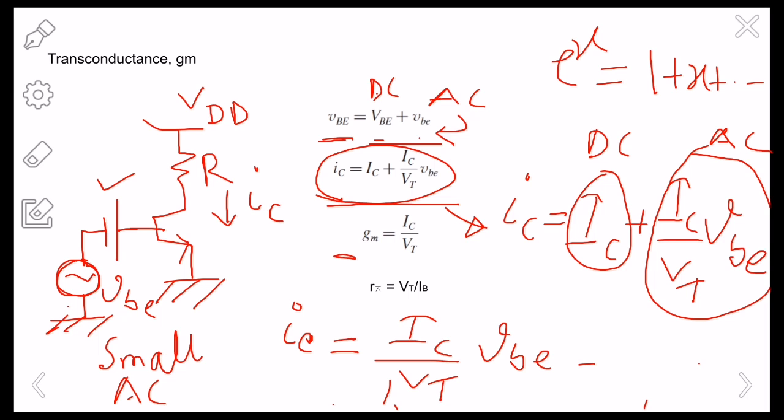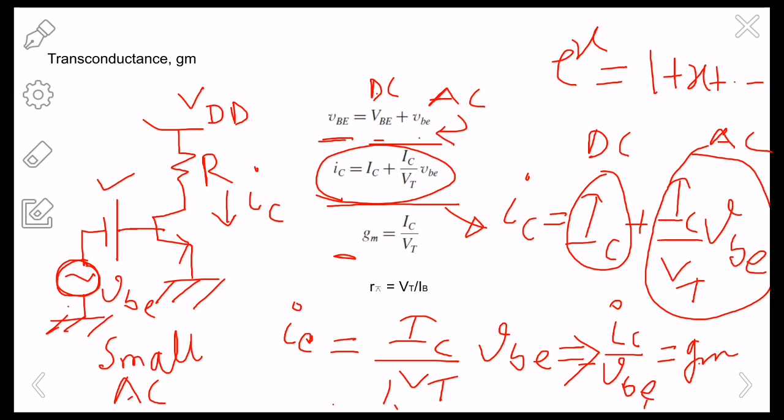So if I manipulate this equation into something like this, ic by vbe, so output current by input voltage.